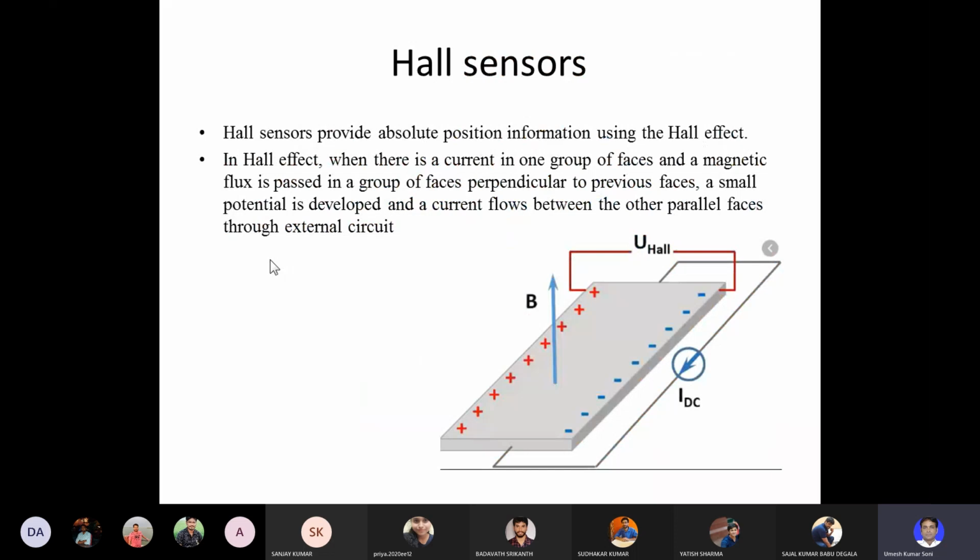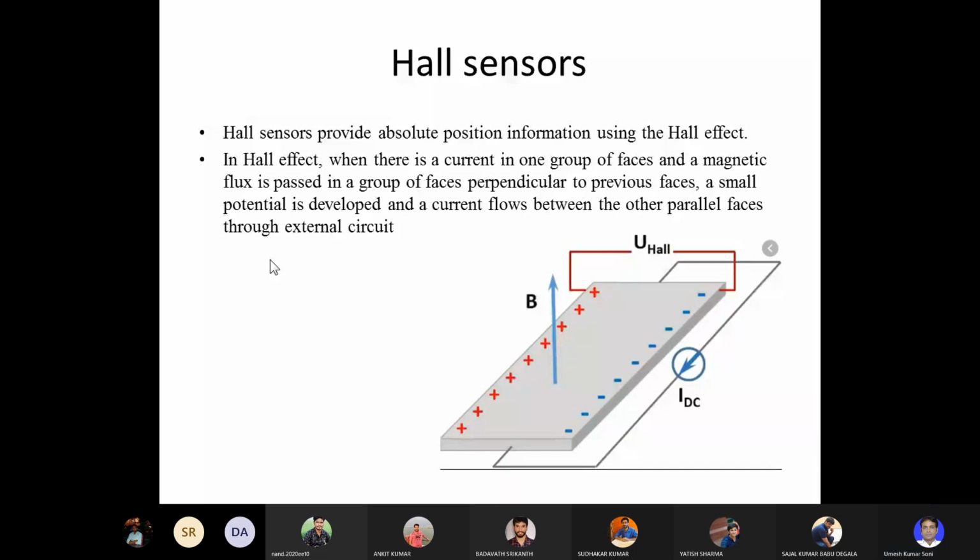Another sensor for angular position sensing is the Hall sensor based position sensor. Here suppose we have six faces in one cubic type of conductor.